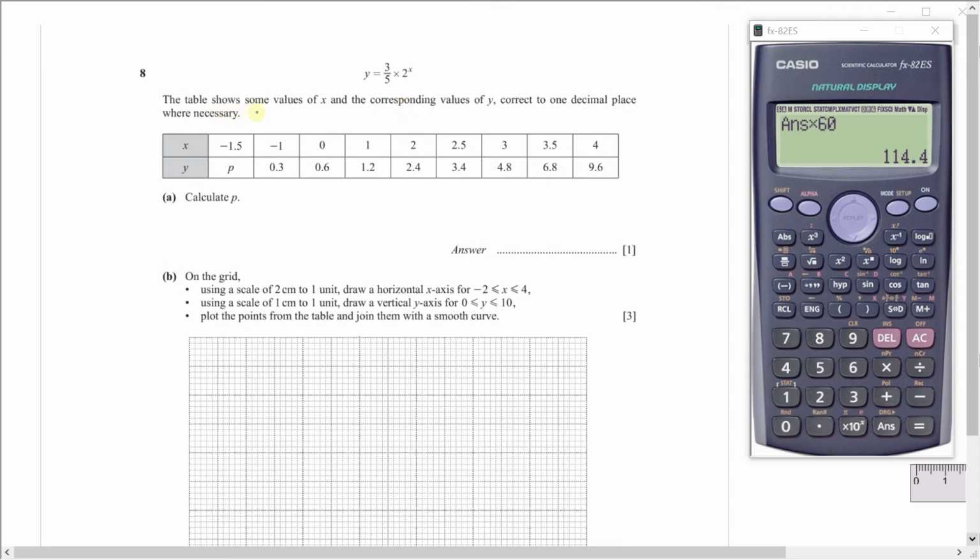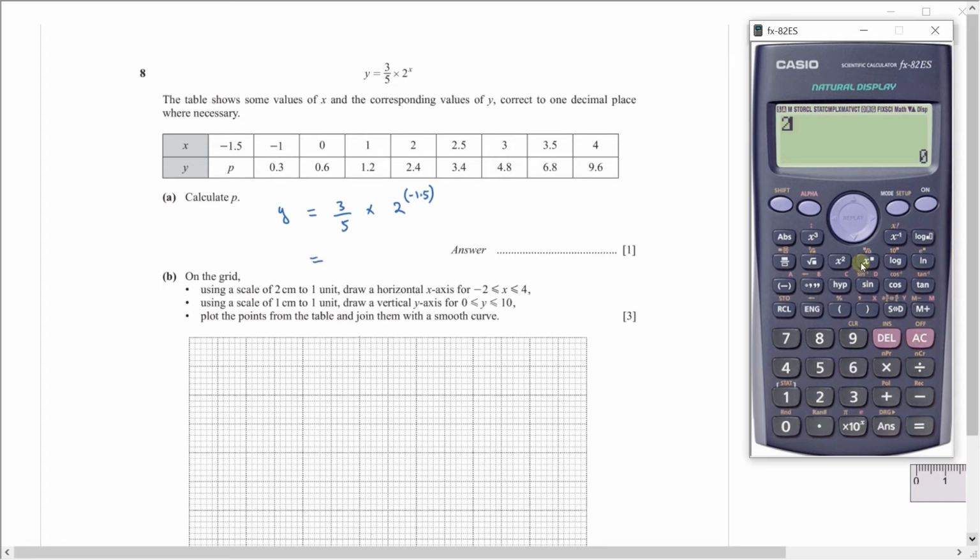Question number 8: the table shows values of x and the corresponding values of y, correct to one decimal place where necessary. The first part is to calculate p. You are given this equation. p is the value of y when x is minus 1.5. So y equals 3 over 5 into 2 to the power minus 1.5.